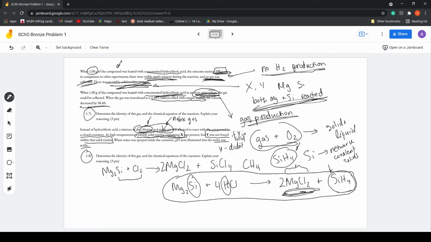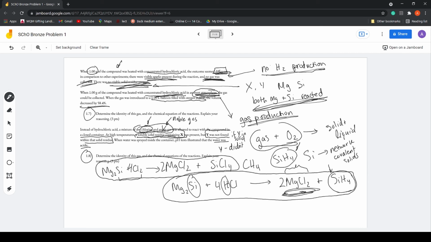If we balance this on both sides, we have 2 Mgs and 1 silicon. And on the right side, we have 8 chlorines total, so we need 8 chlorines total on the left side. So as you can see, we've balanced our final expression, and this is one of the reactions.